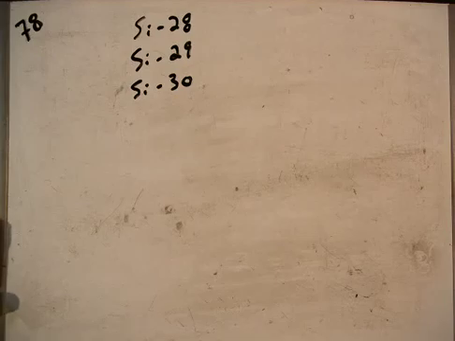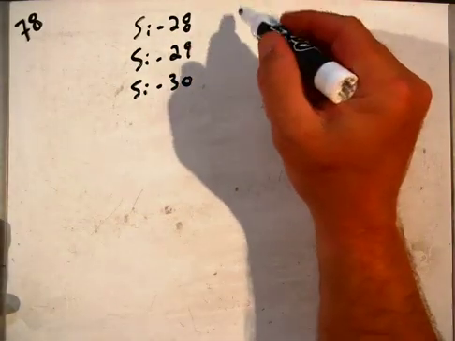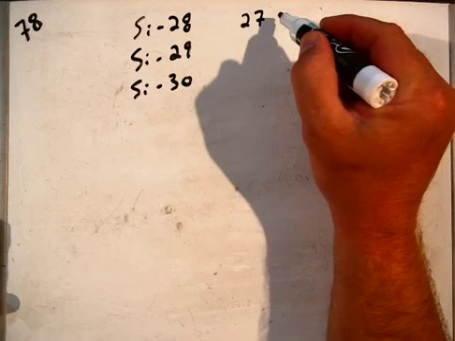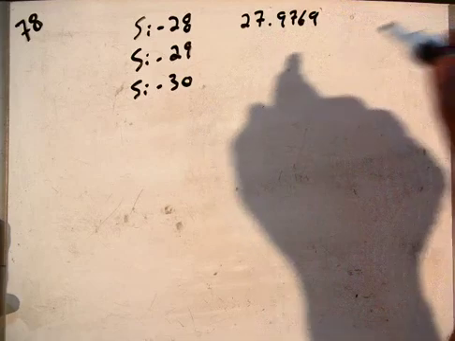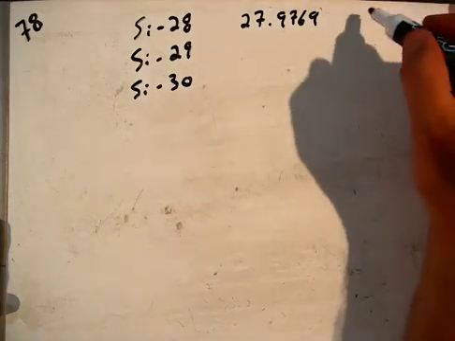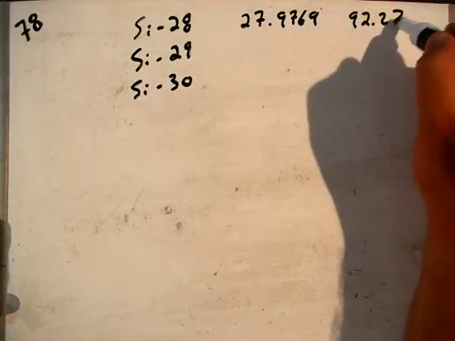And so if we look at this, they give us some more information. The mass and natural abundance of Si-28 is 27.9769, and its abundance is 92.2%.